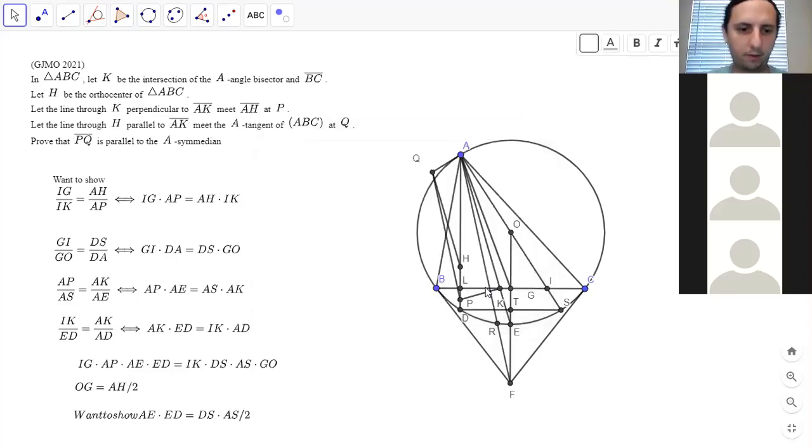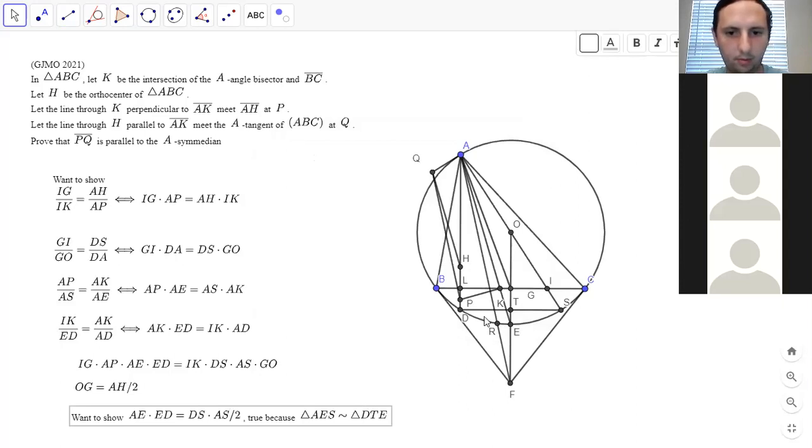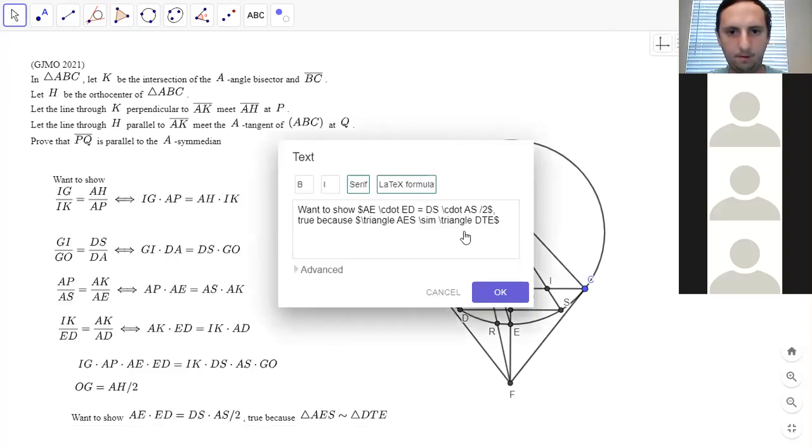Yeah, this is a nice solution, because angle EDT is equal to angle EAS, right? So this is DT times AS.